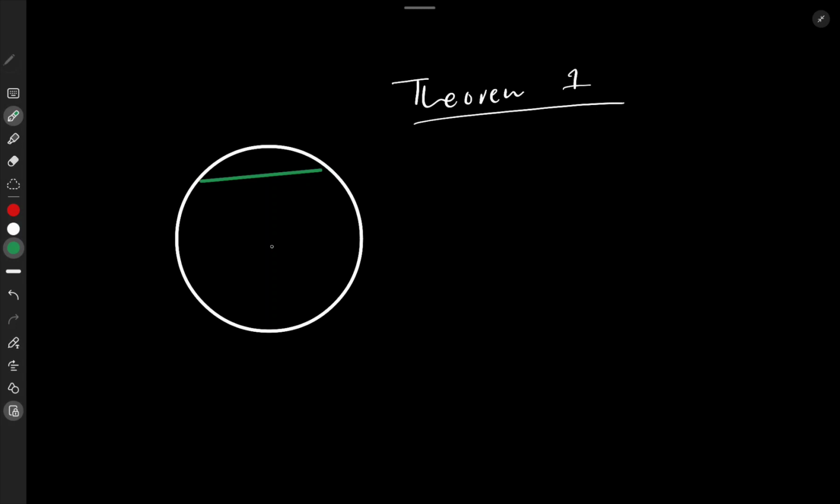Okay, and there is a center here, and this one is called the line from the center. From the center, let me call it center O, to the chord. You know the chord. I told you what a chord is, right?